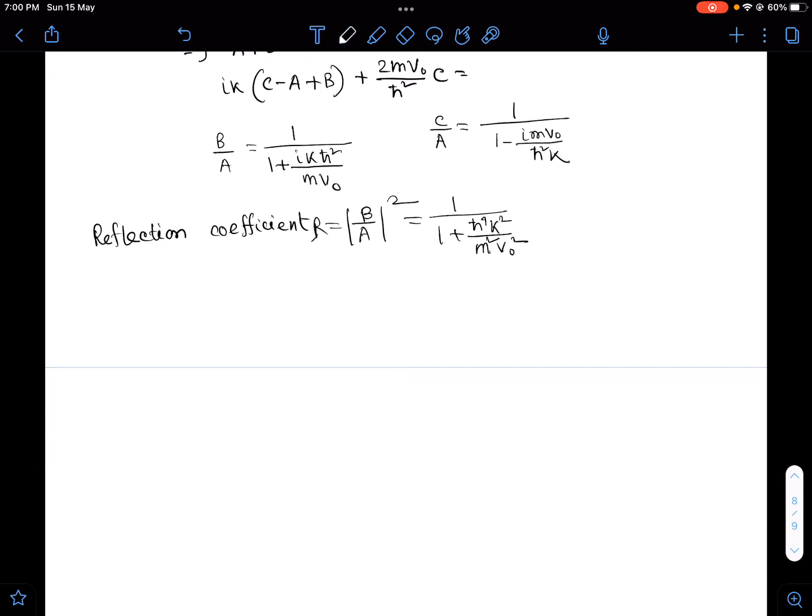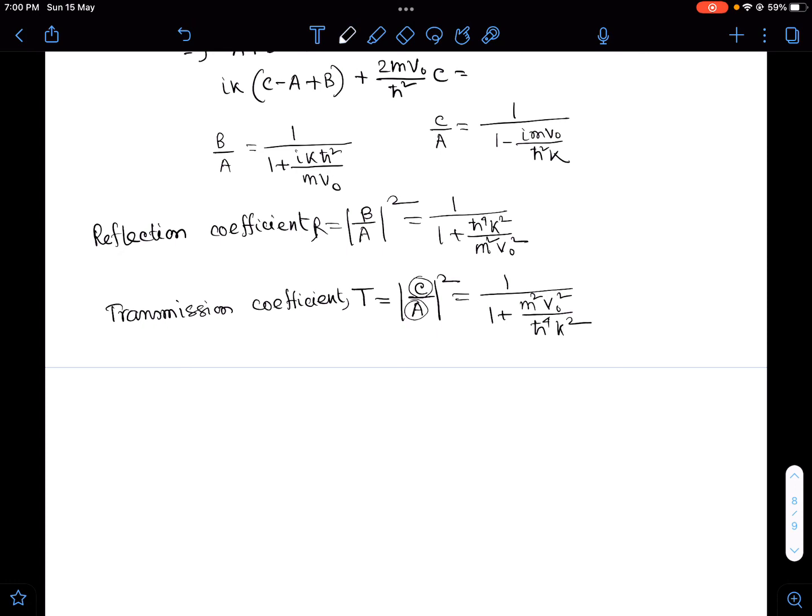And similarly the transmission coefficient T will be c by a squared, because c corresponds to the wave function that is transmitted in x greater than 0, and a corresponds to the wave function that is incident from the left. So T will be 1 by 1 plus m square V0 squared by h to the power 4 k squared.